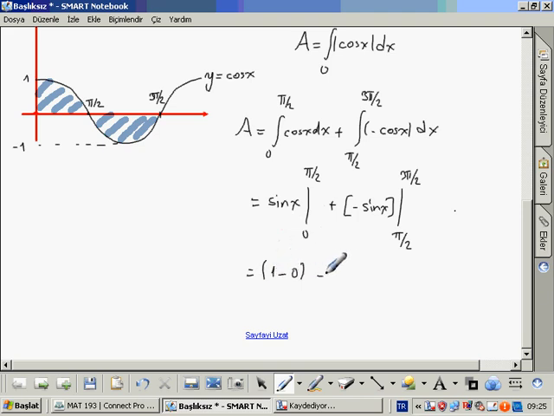And this part will be minus sine 3 pi over 2, which is minus 1, and minus sine pi over 2 is plus 1. So it equals 1 plus 2, so 3 square units.